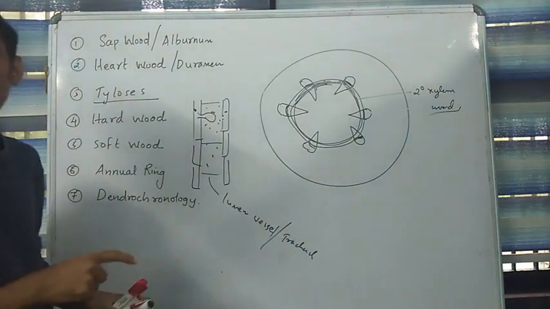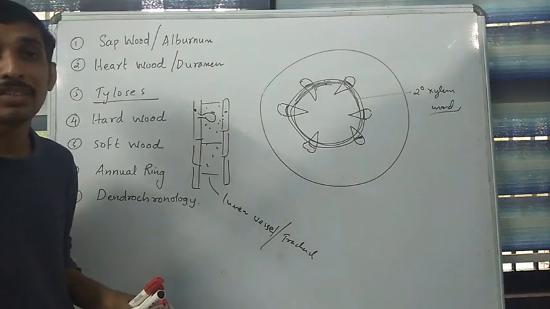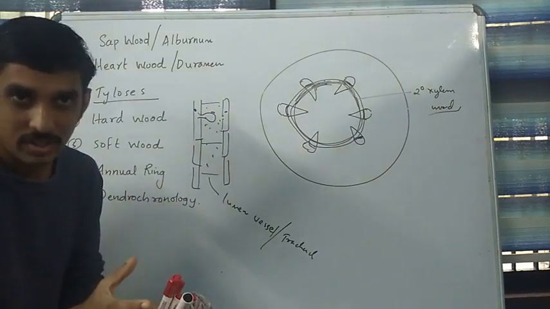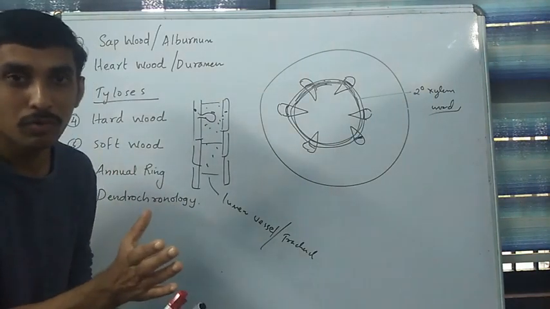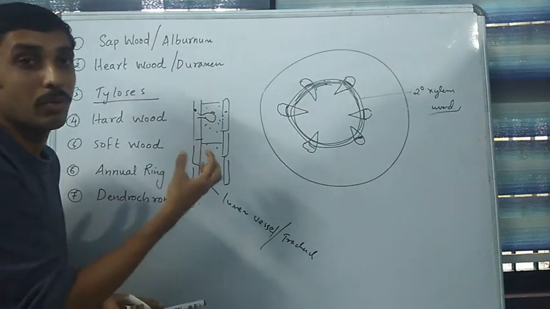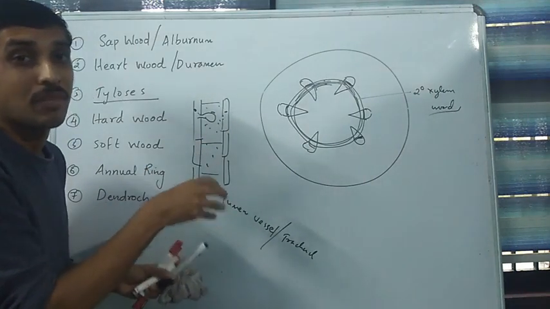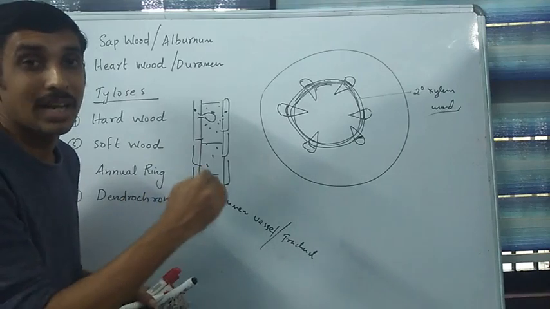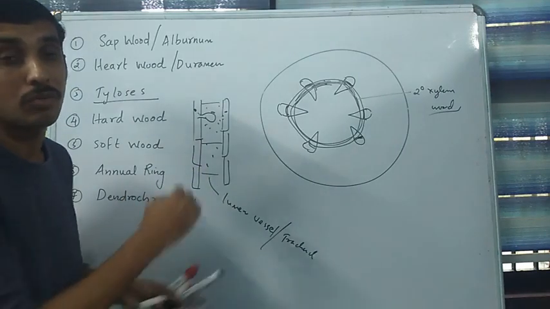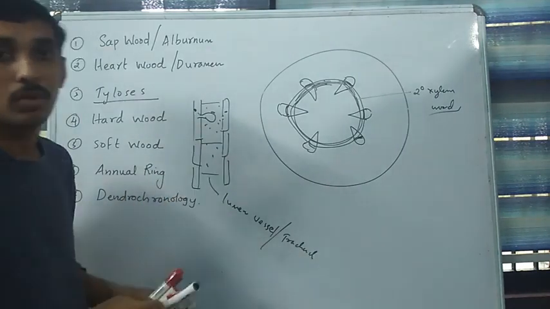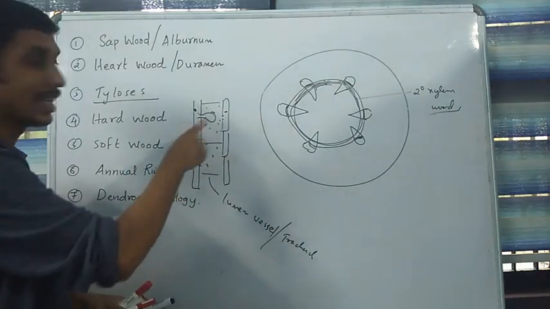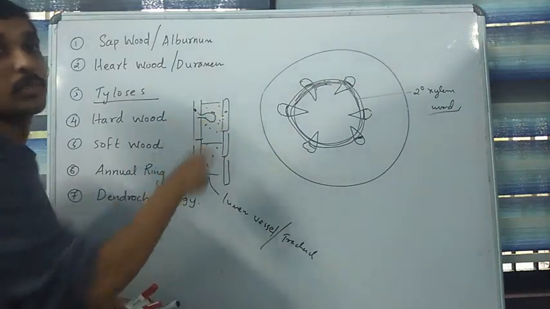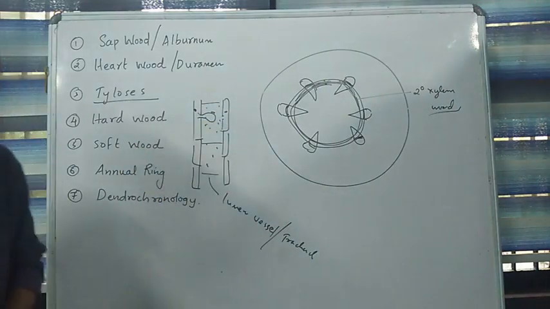The second function of tylosis is to prevent the leakage of water through the xylem. If the xylem faces any kind of mechanical injury, then there will be a chance of leakage of water molecules. During that condition, the tylosis will develop and prevent the leakage of water.